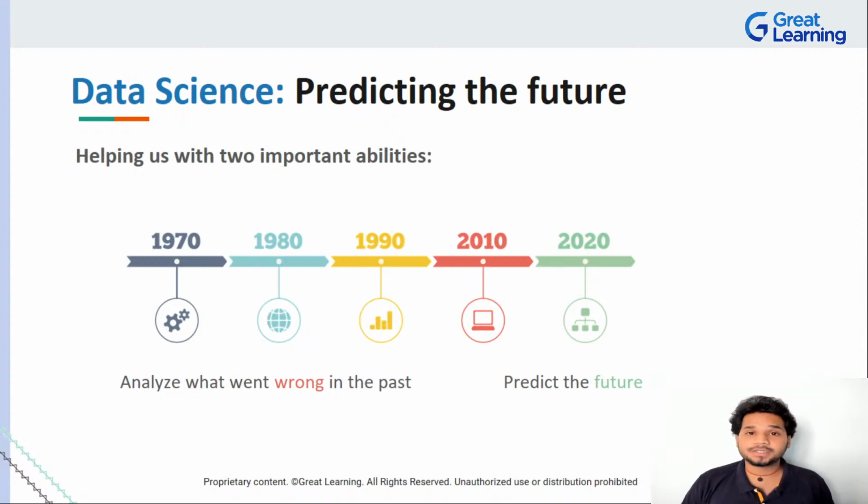Now 99% of the time it is very accurate. If it says it will rain tomorrow, there is a very good chance it will rain, or it's going to be extremely cloudy, right? It is very close. But this feature wherein you can not only analyze where the company went wrong in the past, maybe by using data analysis, all the way to predicting what the company might do, what will be the sales of the company in the next month, what will be the sales of the company maybe in the next 2 years, right?